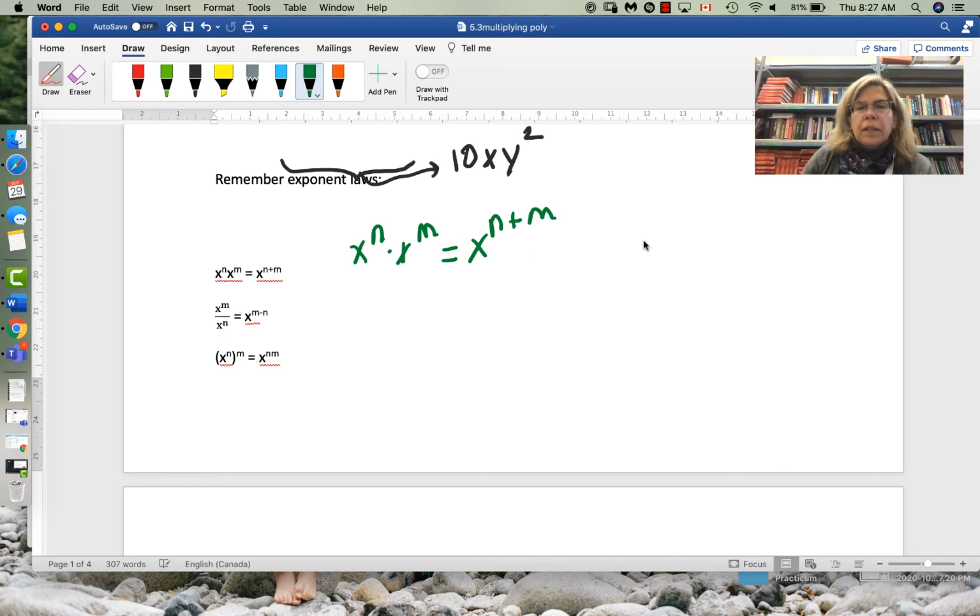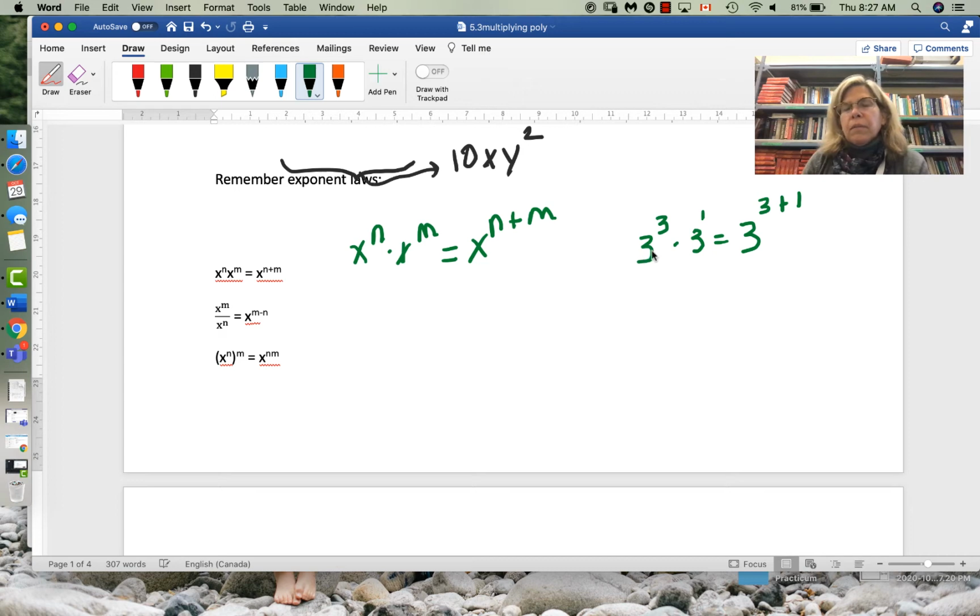So if you had 3 cubed times 3 to the first, that would equal 3 to the 3 plus 1.